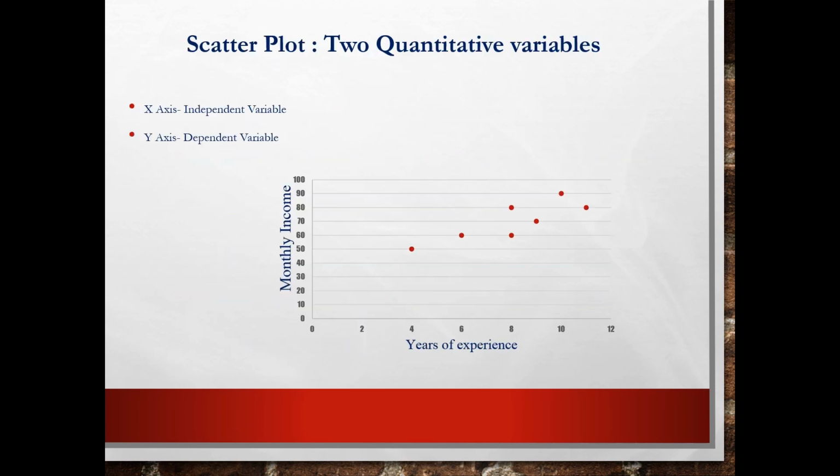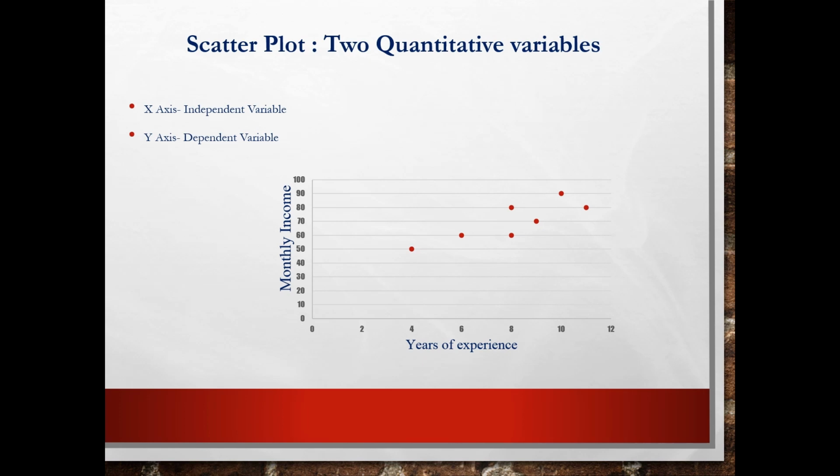Consider a situation where we have two quantitative variables, where you identify one variable as the independent and the other as the dependent variable, and you are interested in the association between these two variables. The graph that you can draw for this kind of situation is a scatter plot, where you plot the values of the x and y variable in a coordinate plane.